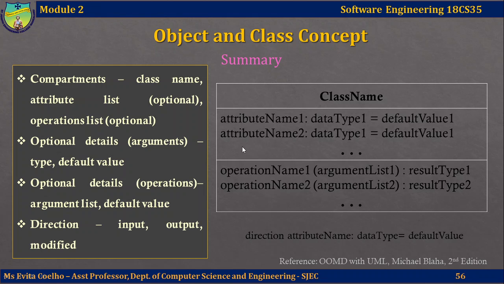So there is a difference. If I skip the attribute box, then my class diagram will have just the class name and the operations box as the second compartment. Or I could totally skip the operation box, in which case my class diagram will have just a class name and the attributes. But if I leave the boxes empty, that means that they are specified and not existing. So this is about object and class concepts.